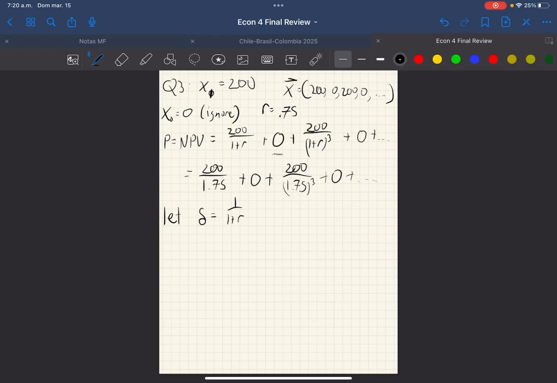And then I can rewrite the net present value as 200 times delta plus 0 plus 200 times delta to the 3 plus, and I'm now going to stop writing the zeros, delta to the 5, etc. What you can do here is factor out the common factor of 200 times delta, and you'll be left with 200 times delta times (1 plus delta squared plus delta to the 4 plus delta to the 6, and so on).